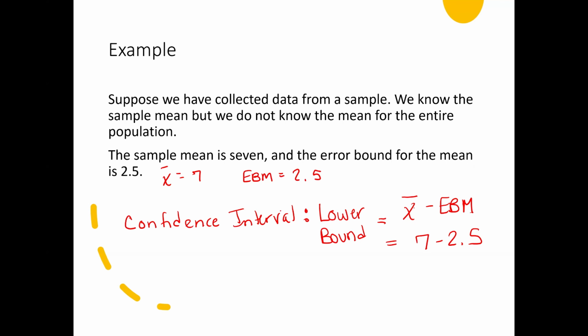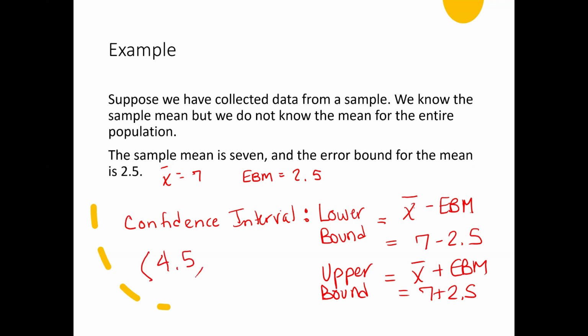Is that 4.5? Okay, what's the upper bound? Upper limit. It is X bar plus the error bound of the mean, which is what? 7 plus 2.5? Is that 9.5? So what's the confidence interval? The confidence interval is 4.5 to what? 9.5?